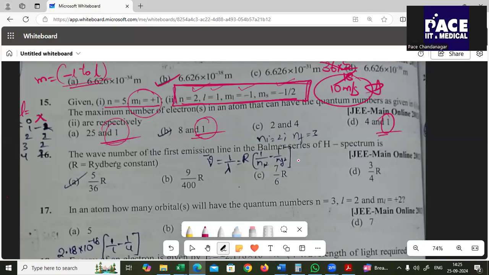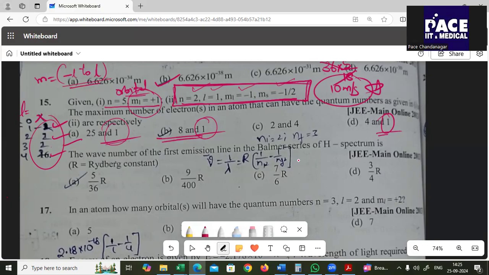You will not get the value of 1 there. And for L equals 1, m value is minus 1 to plus 1. Here you will have plus 1 value. And the m value talks about your orbital values. Each orbital has got 2 electrons. If m equals 1, it is 2 electrons. 2, it is 2 electrons. 3, 2 electrons. 4, it is 2 electrons. Totally 8 electrons. So option B is your answer there.